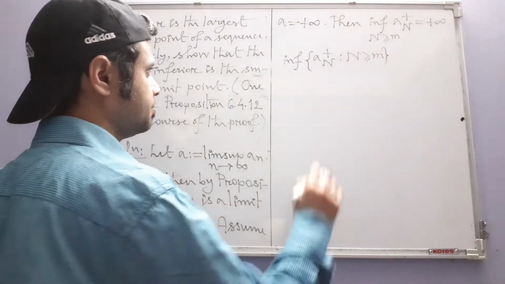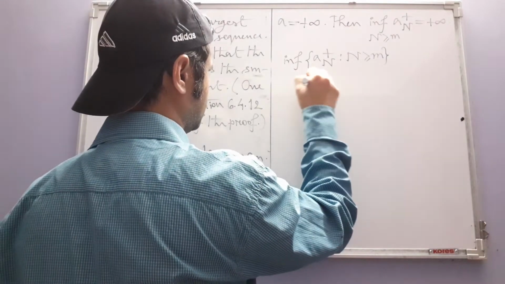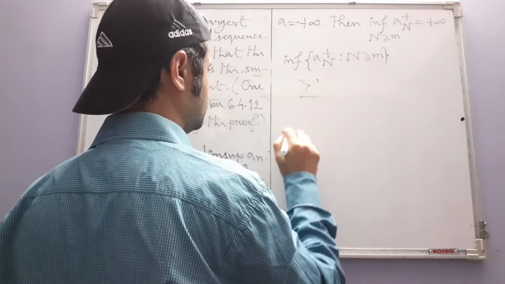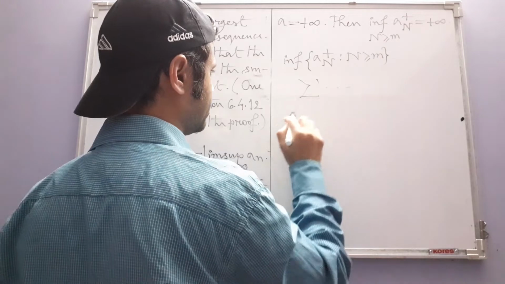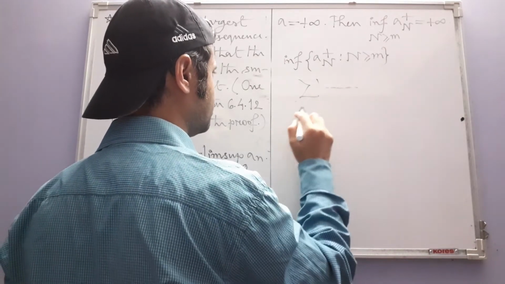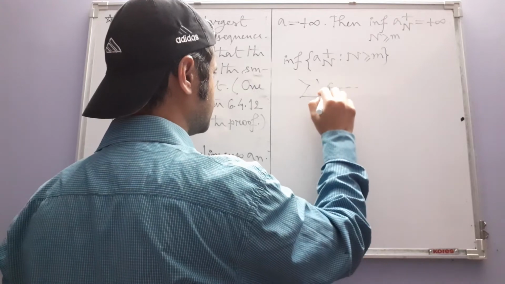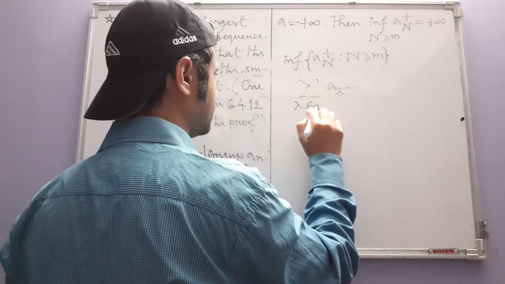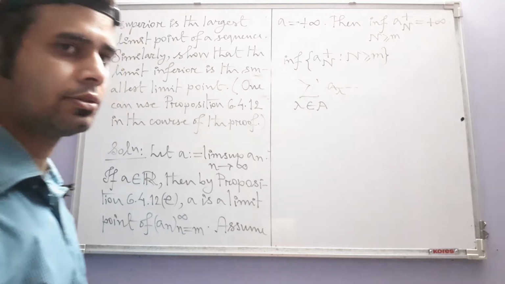It's like writing a sum and then putting some condition here, say the sum varies over some lambda, where lambda varies over S, something like that.